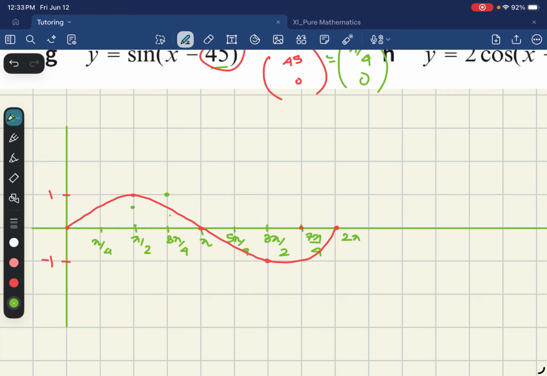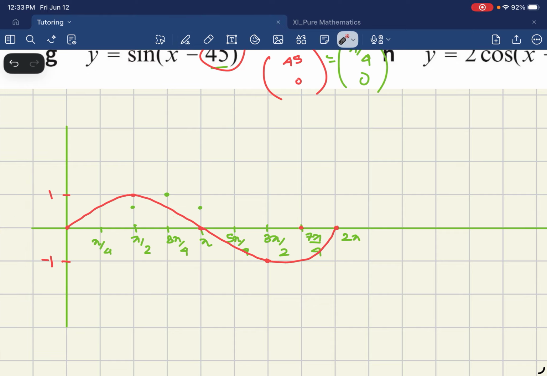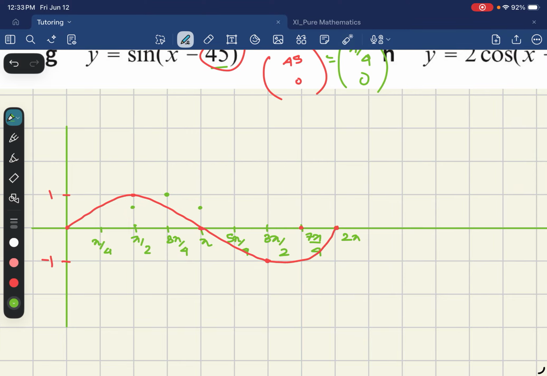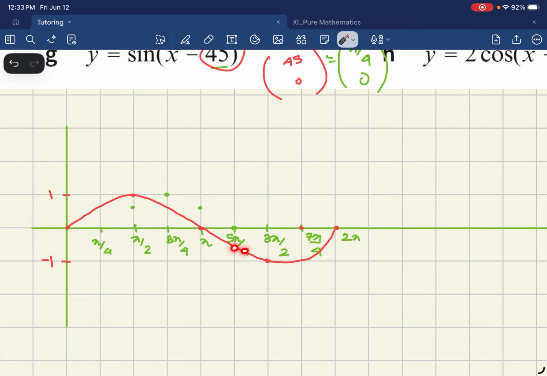This point-ish reaches here, right? This point gets shifted by 45, this point gets shifted by 45, this point gets shifted by 45, this point needs to get shifted by 45. So this point here. And this point needs to get shifted by 45.